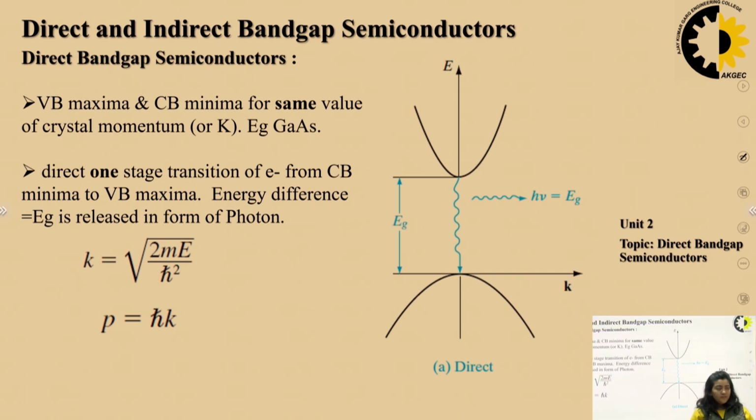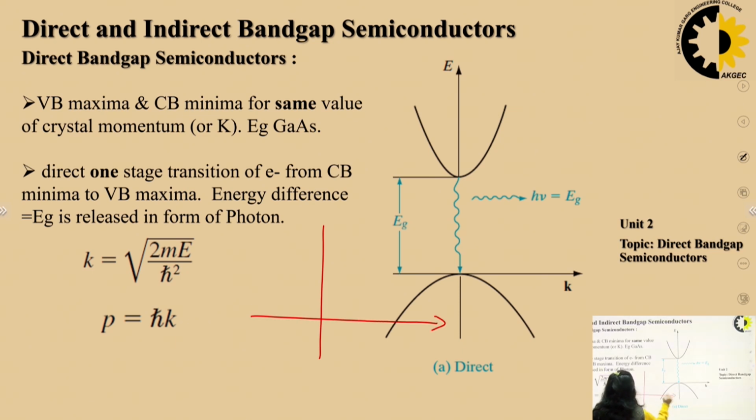Now based on this, we will see how the electron's energy and momentum relate. This is the energy and this is the momentum. In semiconductors, we denote momentum by K, which is shown as the wave vector.